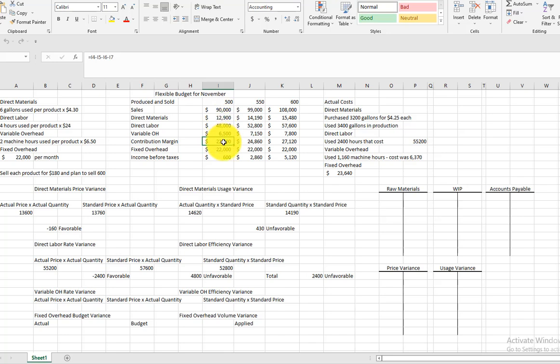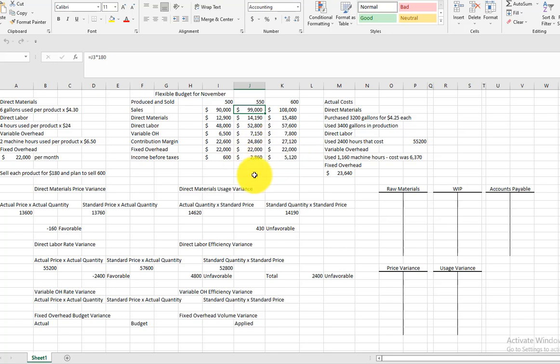Subtract those all, we get our contribution margin, and then we put our fixed overhead at $22,000, which is the same no matter what. So what changes with 550? Now you use 550 instead of the 500. And then we do the same thing with 600. They all change because they are per unit as variable costs and sales.